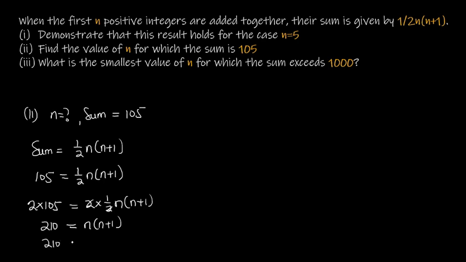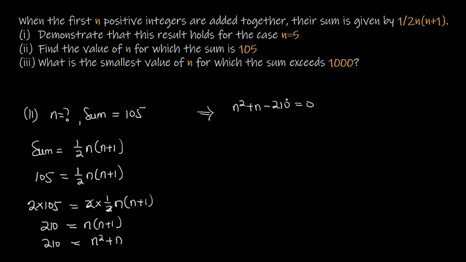So I can now write 210 is equal to n multiplied by n will give me n squared plus n multiplied by 1 will give me n. So I can rearrange this equation to get my quadratic equation. So I have n squared plus n minus 210 is equal to 0. All right, so from here all I need to do is to factorize this expression to get my answer. Now 1 multiplied by negative 210 will give me negative 210.